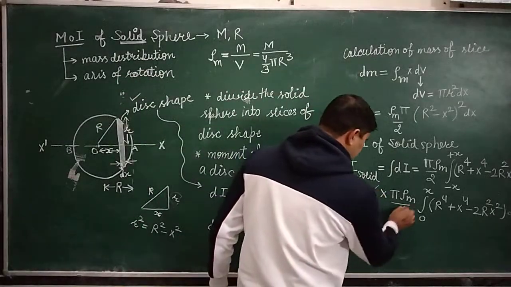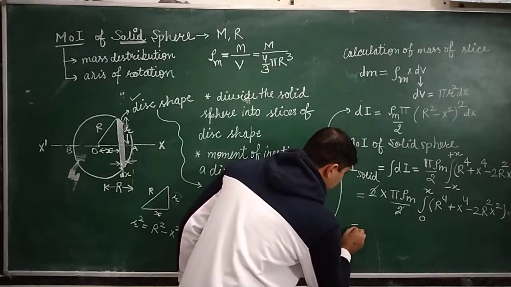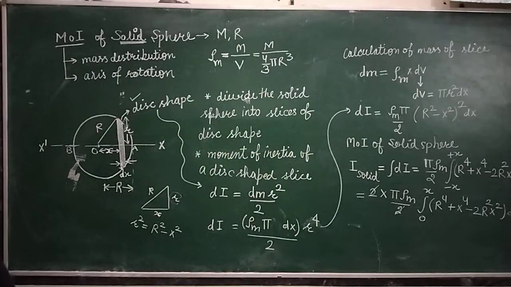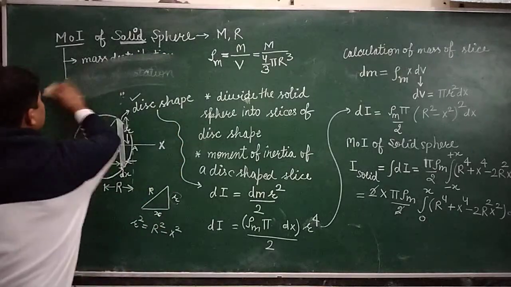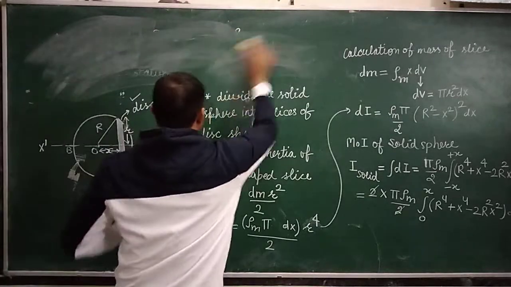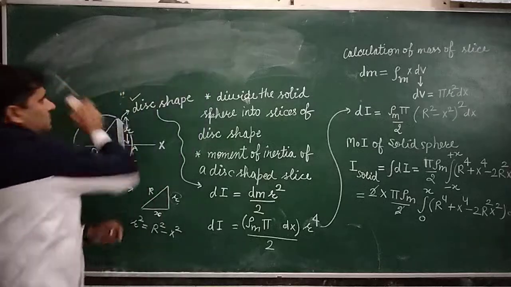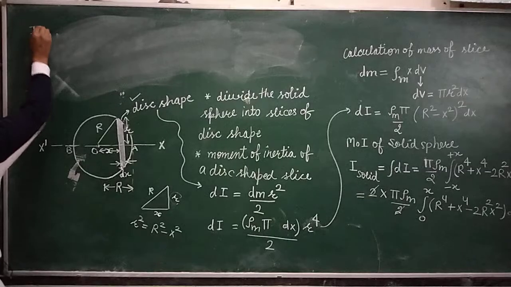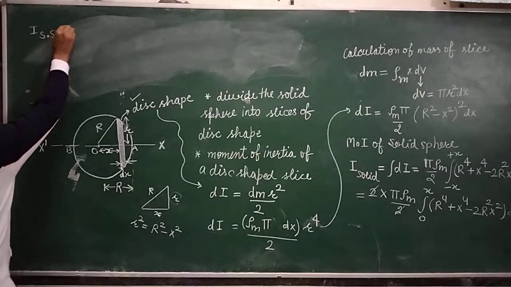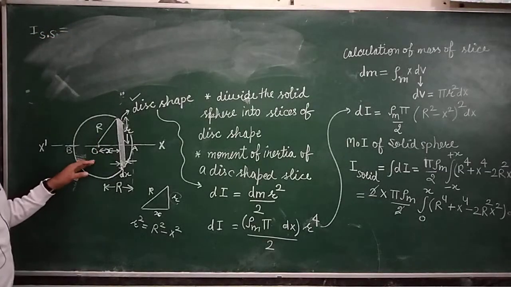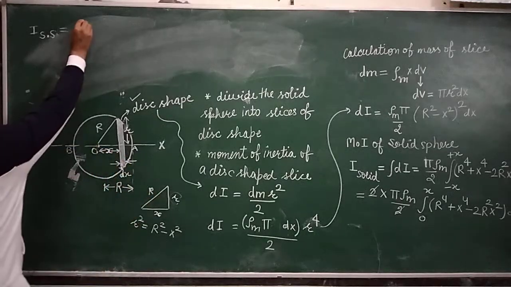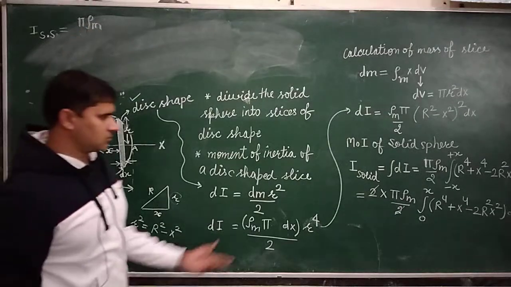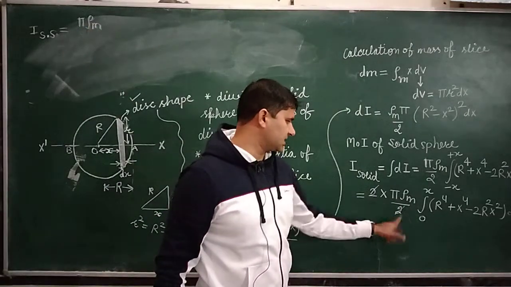You see 2 will cancel here. Let me clear the space so that we become comfortable in calculation. So here you see I, the moment of inertia of the solid sphere about an axis passing through the center of mass, will be pi into rho m divided by, now 2 has been cancelled here.